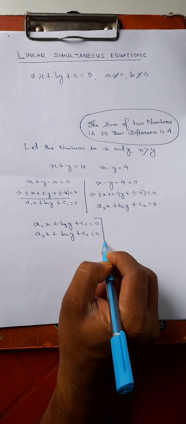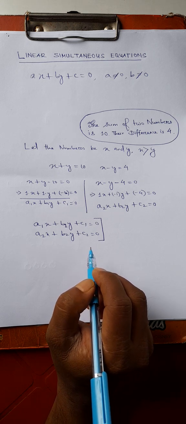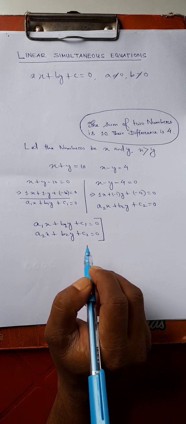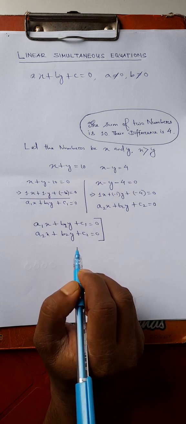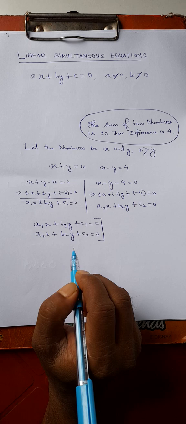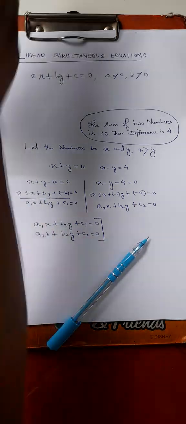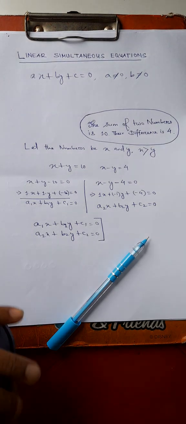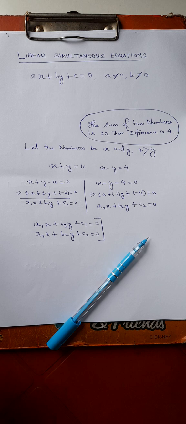A pair of linear equations in two variables are together called linear simultaneous equations. Simultaneous means two equations at a time, right? So linear simultaneous equations means two linear equations in variables x and y at a time.